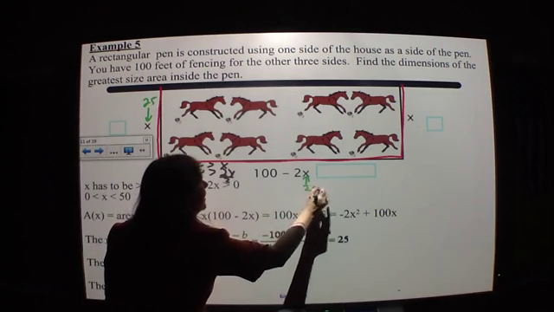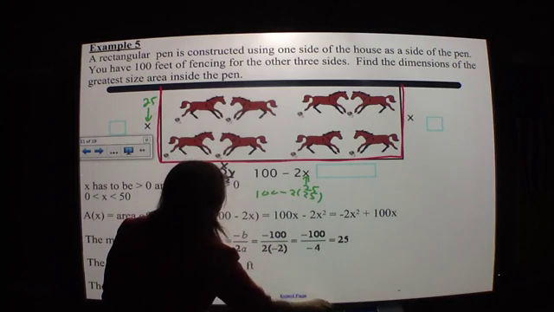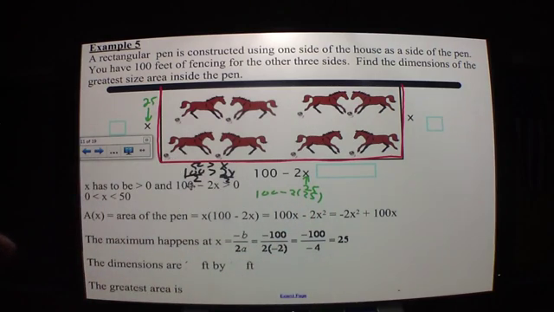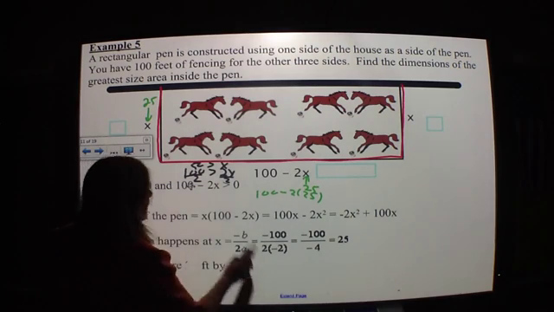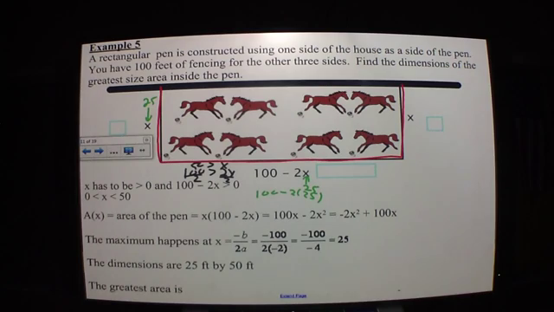And that is 25. So I have 100 minus 2 times 25, which is 100 minus 50. So this is a 25 by 50 pen. A 25 by 50 pen will have the greatest area.